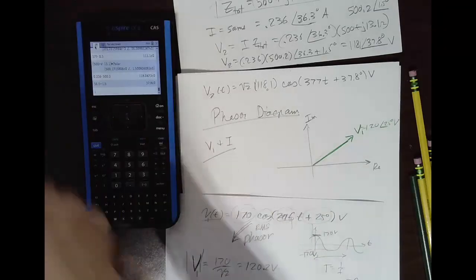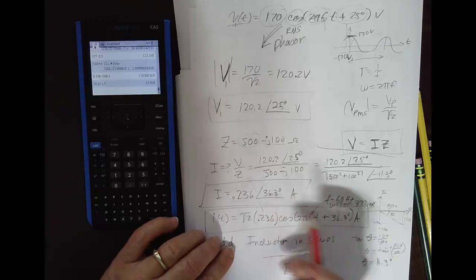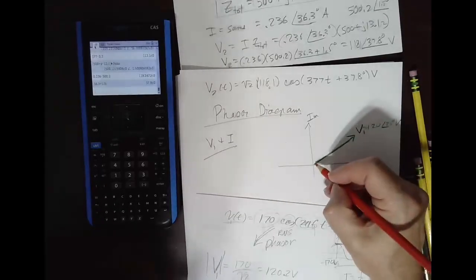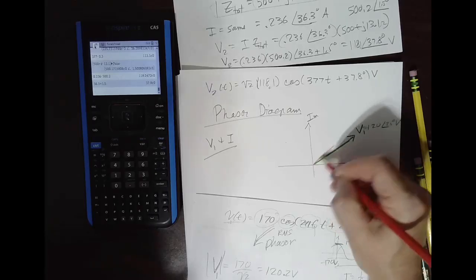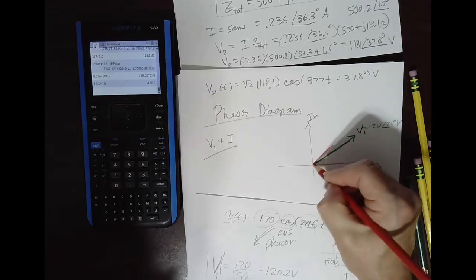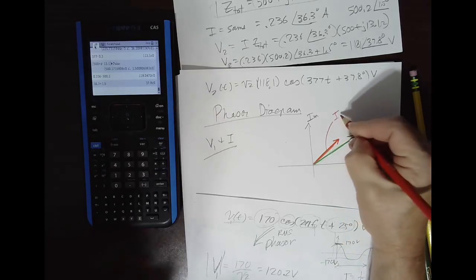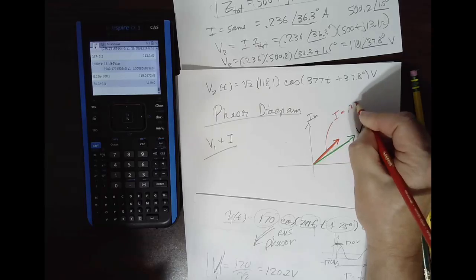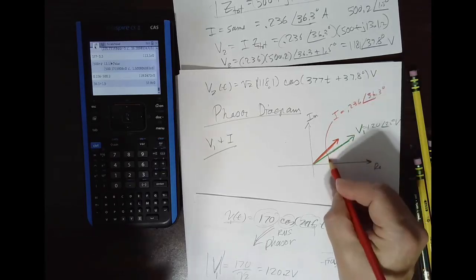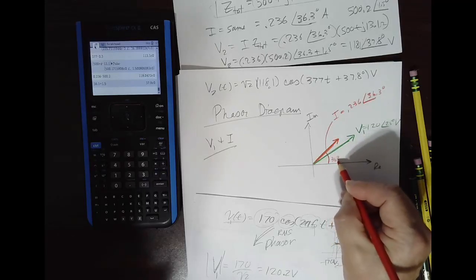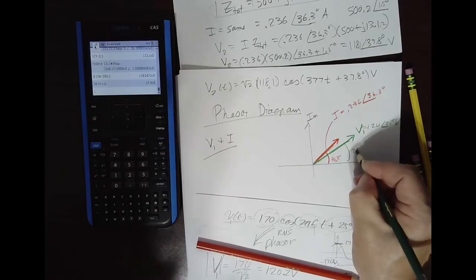All right, so let's do our current. Current is 0.236 at an angle 36 degrees. 36 degrees is somewhere a little bit bigger. 0.2 would be too hard to draw to scale, but let's just say this is I, 0.236, angle 36.3 degrees, and this is 25 degrees.